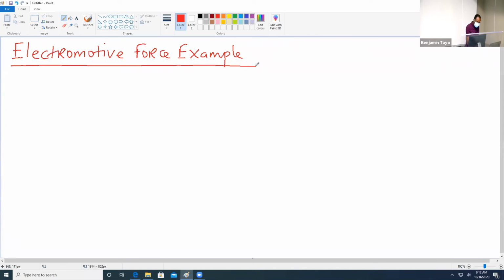So let's assume that we have a battery that looks like this. The battery always comes with some internal resistance.